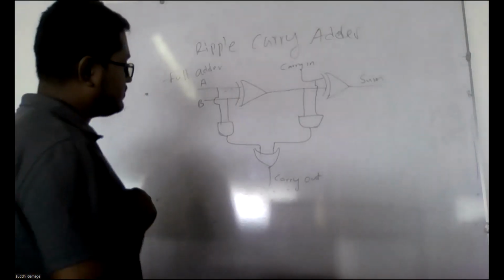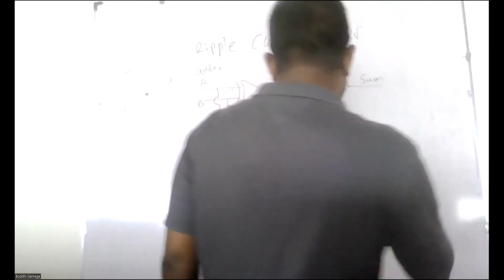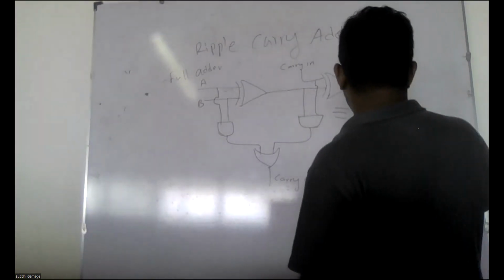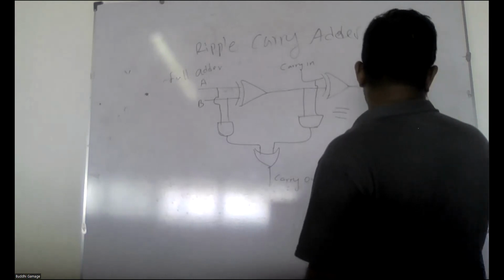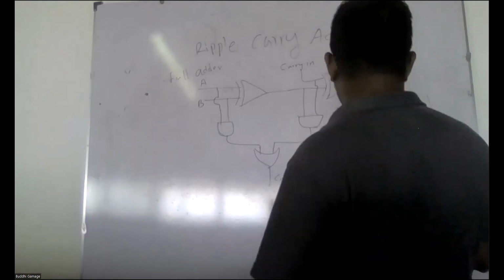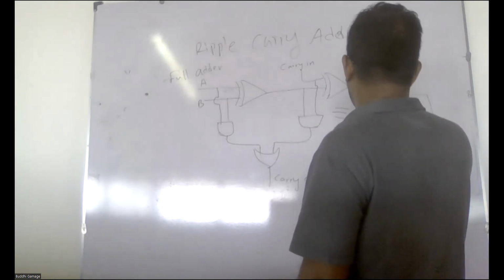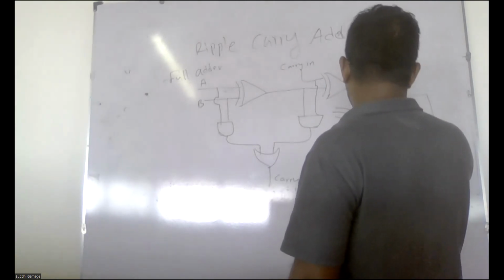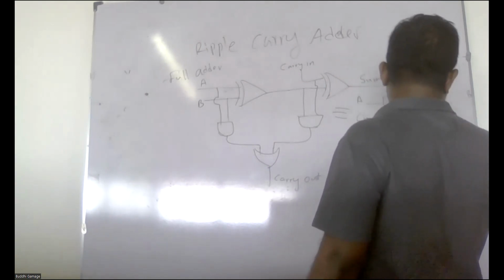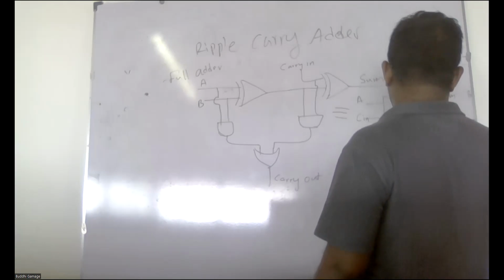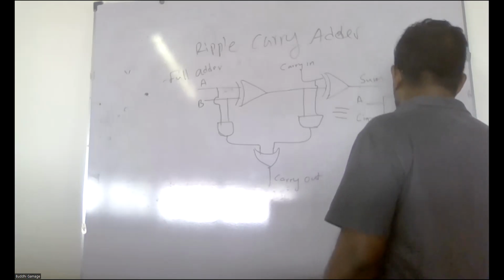So by looking at these inputs and outputs, we can draw a block diagram. So there are three inputs, A, B, and C in, and two outputs, sum and C out.